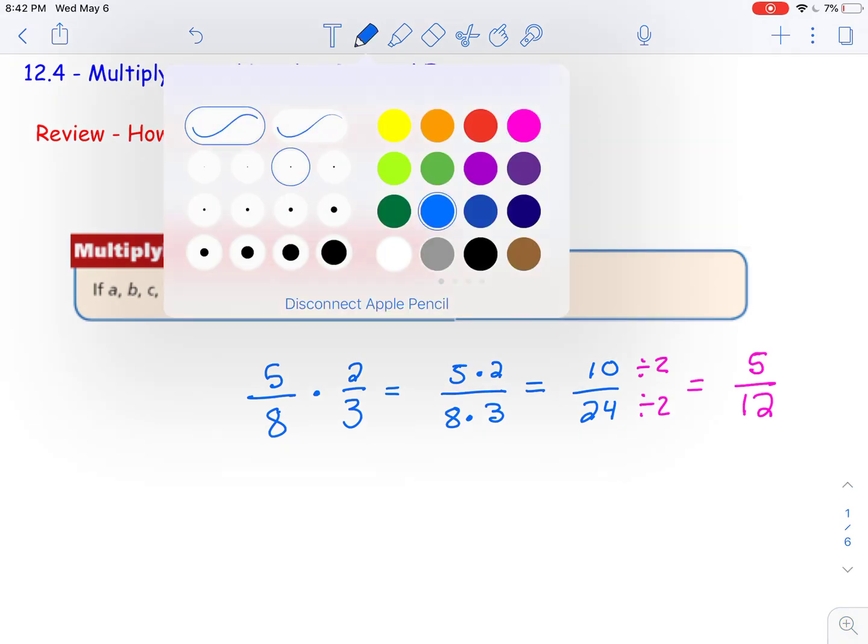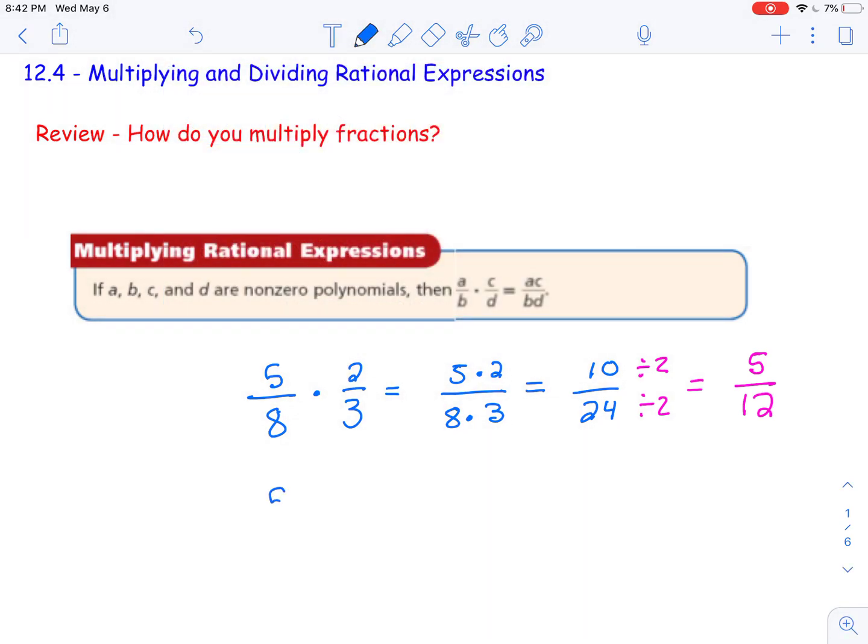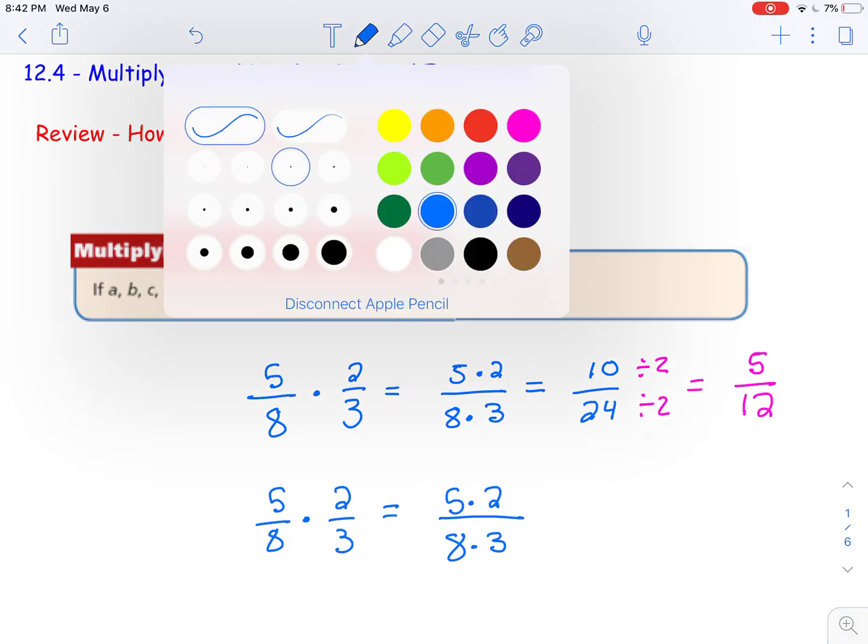Another way we could do this is we could say 5/8 times 2/3, and we could simplify before we multiply. So if I have 5 times 2 all over 8 times 3, I could simplify first before I multiply.